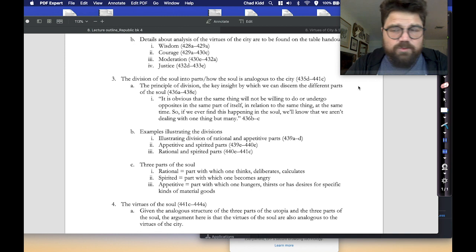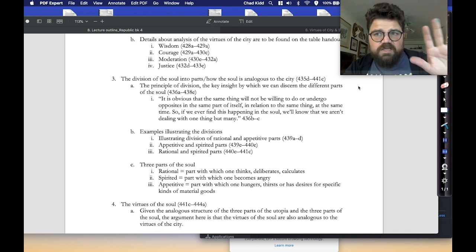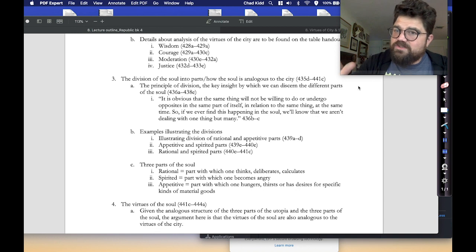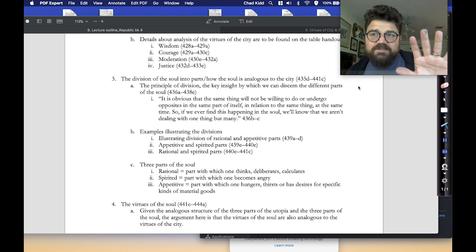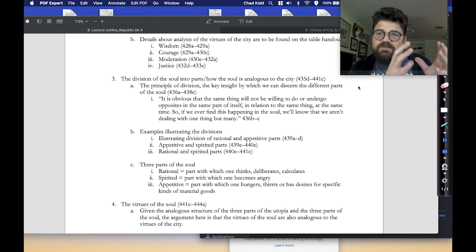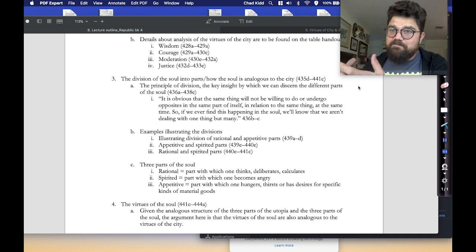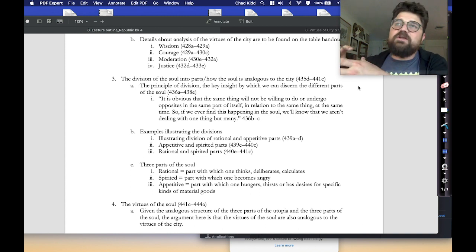If we can see that the way the perfectly good city functions is analogous to the way the good soul functions, then the virtues as they are present in the city, that is, the ways of arranging the parts of the city that enable it to perform its function well, will thereby be the same virtues that are present in the soul.